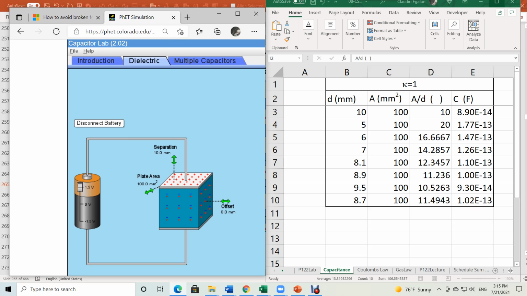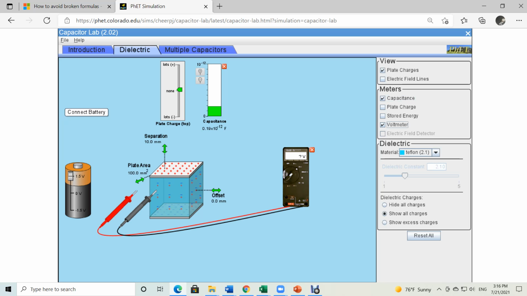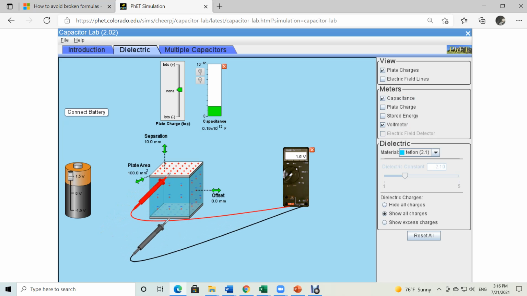We can disconnect the battery. Oh, we need to put the capacitance here. What else do we need? Voltmeter. We don't need the voltmeter, do we? Yeah, we don't need the voltmeter. Let's see. Yeah, still 1.5, right?